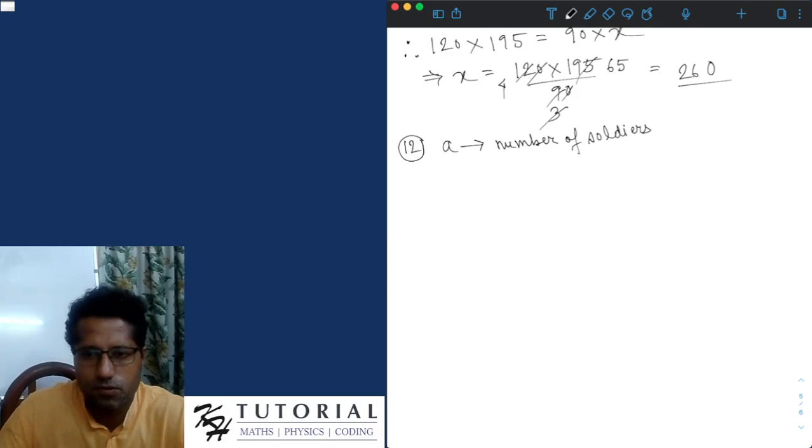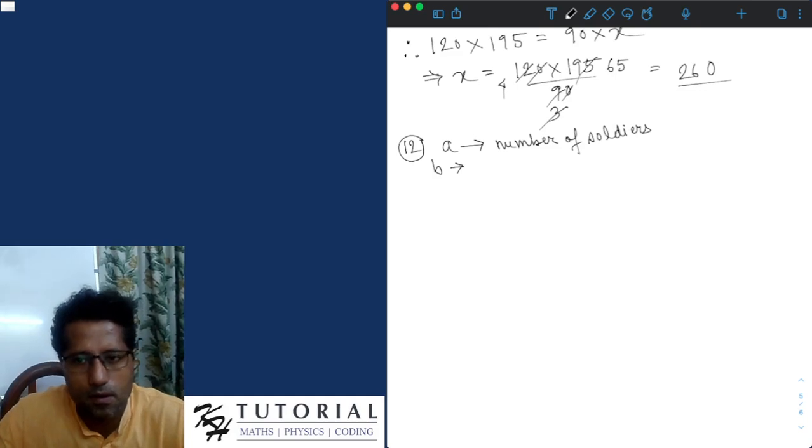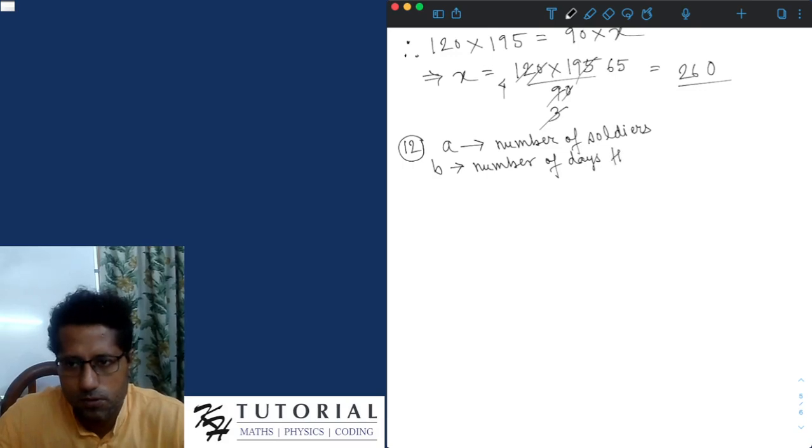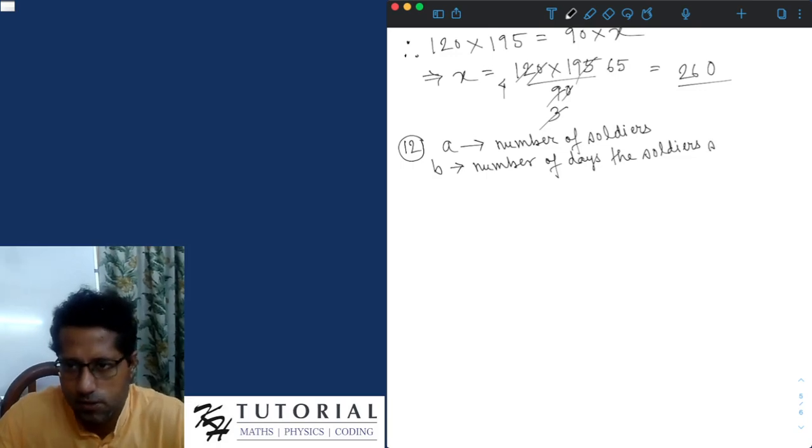Let A be the number of soldiers, and B the number of days the soldiers survived, or the food lasted. It means the same thing.